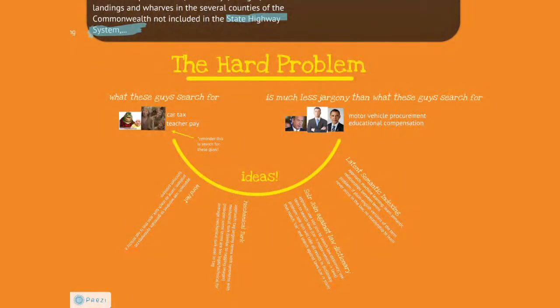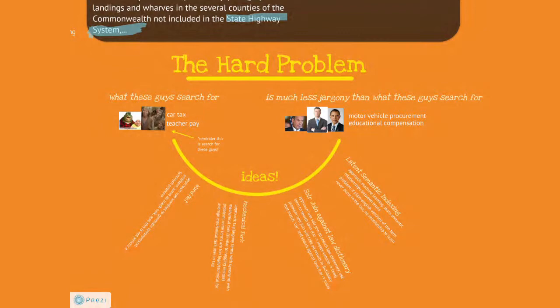Now, law search actually has a very hard problem that we're working on. The basic problem is what these guys search for. Here are our everyday people, the guy from Dinosaurs and the guys from Monty Python.